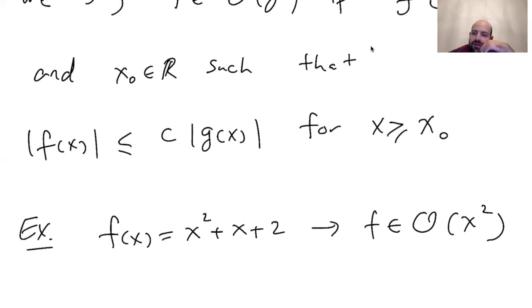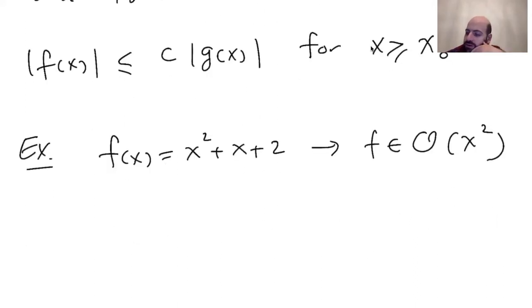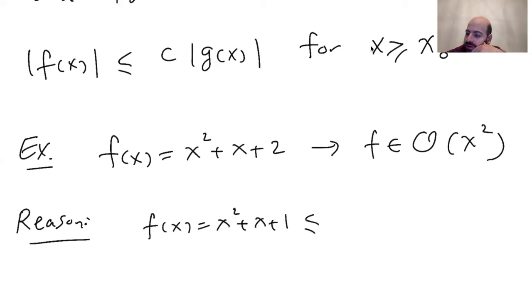That is, if x is large, how does f behave, or which function basically dominates it. So here we are saying that f is dominated by a constant times x squared if x is large enough, according to the definition of big O. Well, that's obviously true, the reason is, I can say that f(x) equals x squared plus x plus 1 is less than or equal to 3x squared, right?